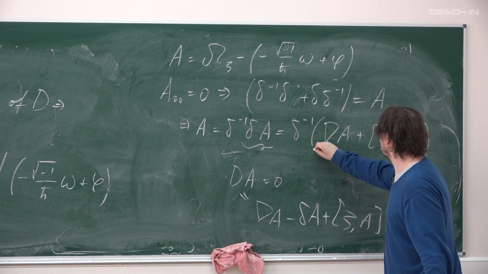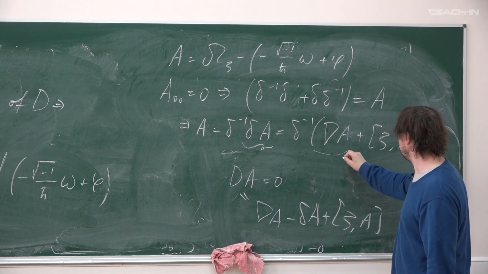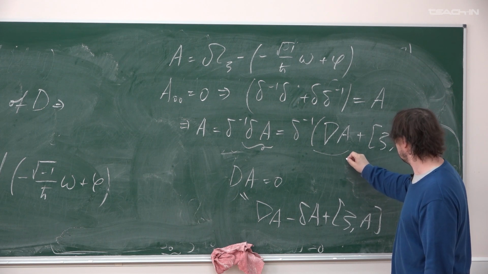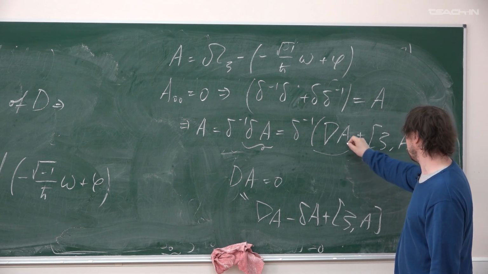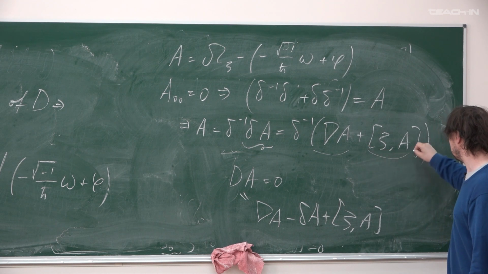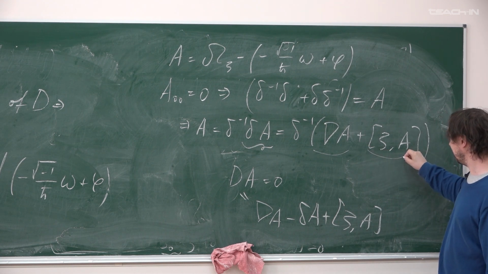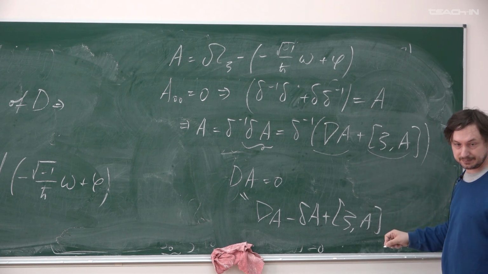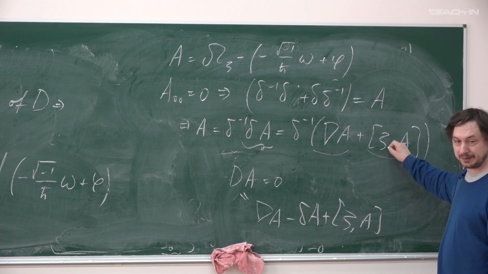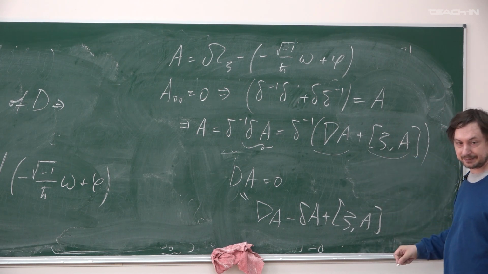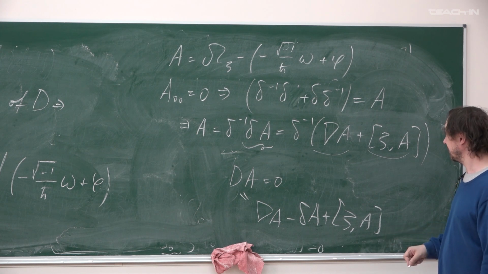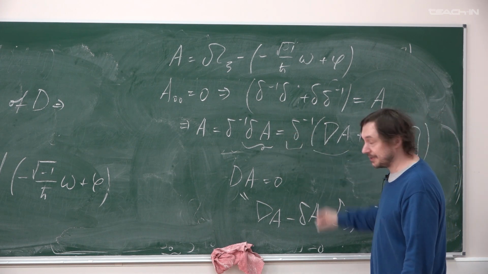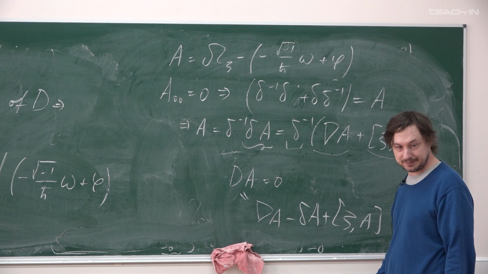And again, this element has the same grading in terms of Weyl algebra as A. And this also has the same gradient as A, or greater than A, because zeta has a gradient 1, right, or greater than 1. It's not 0. And delta minus first increases the gradient in Weyl algebra.